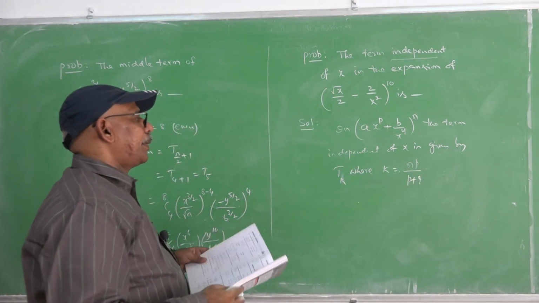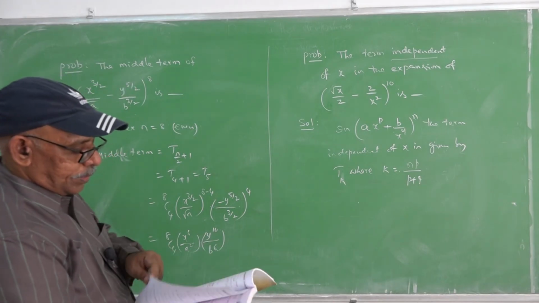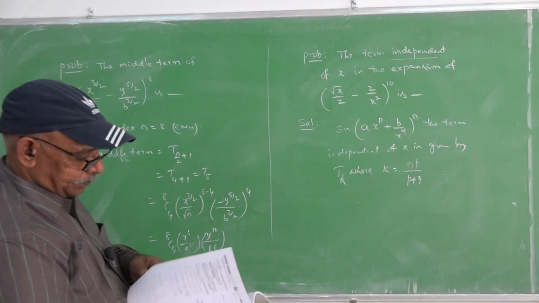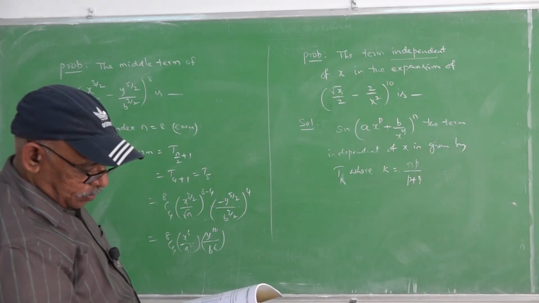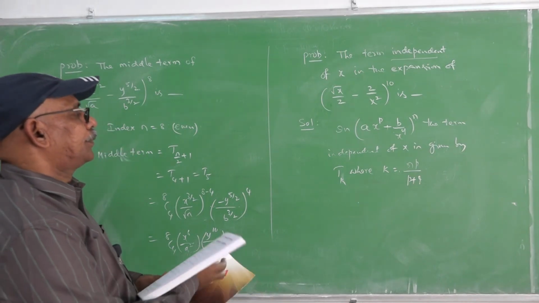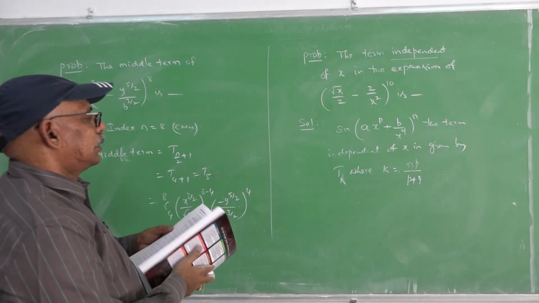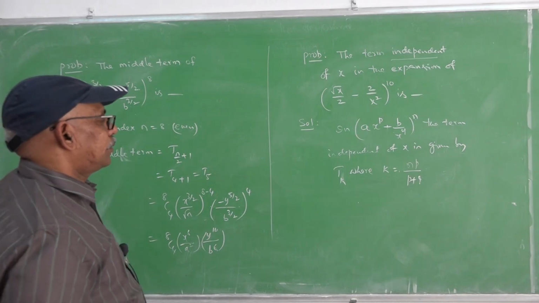The kth term is the independent term of the expansion. Np by p plus q gives us k, which gives us the independent term.